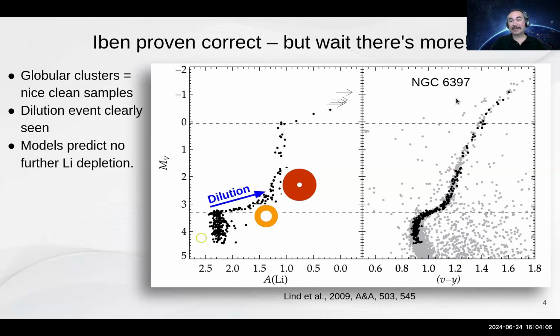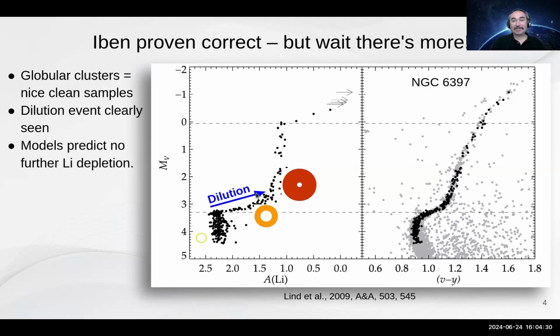This study is of a globular cluster, NGC 6397, by Lind et al. 2009. You have the main sequence turn-off here, this is the CMD, the subgiant branch, and the red giant branch all the way up to higher luminosities. This is what I'll be calling the lithium HR diagram, with lithium on the bottom versus magnitude, so we can follow the evolution of lithium.